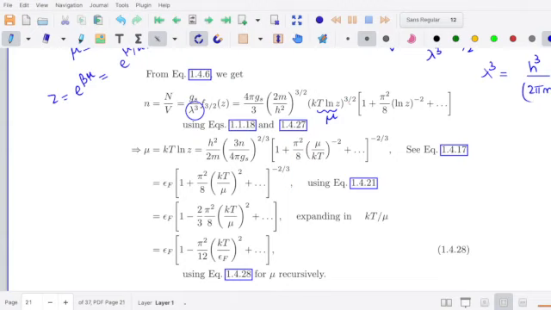Then this goes to the left hand side as 1 by whatever is in this square bracket. So we will get 1 plus pi squared by 8. By the way, now I will replace this log z by mu by kT. So (mu by kT) to the power minus half, then to the power 2/3, but it is in the denominator, so the power is minus 2/3.